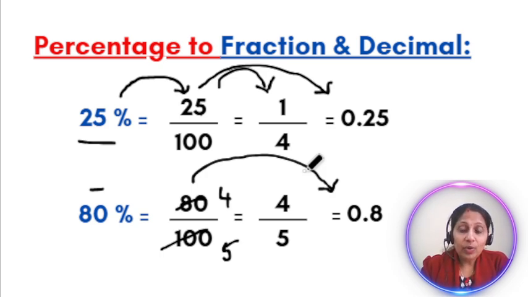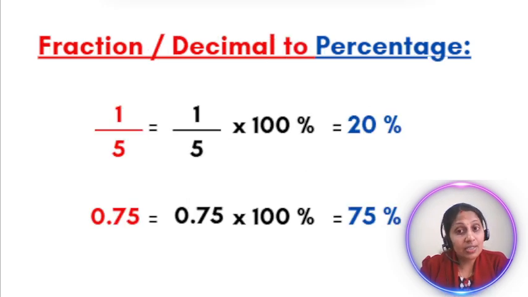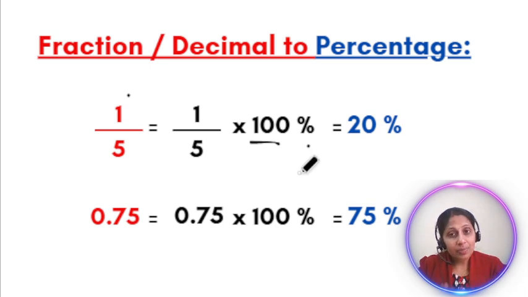And if you want the reverse, say for example, if you want to convert the fraction or a decimal to percentage, do the opposite. Get the fraction or get the decimal, multiply it by 100 and put the percentage symbol. There we take away the percentage symbol and then divide by 100. Here multiply by 100 and then put the percentage symbol.